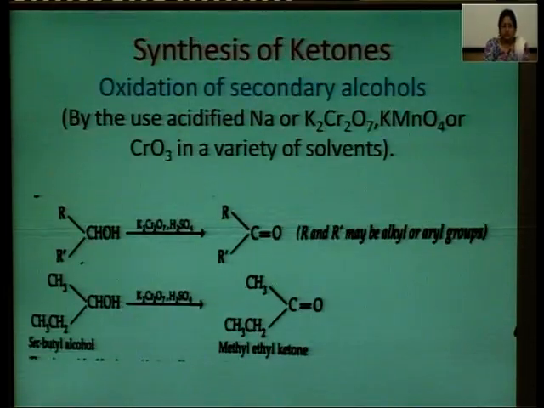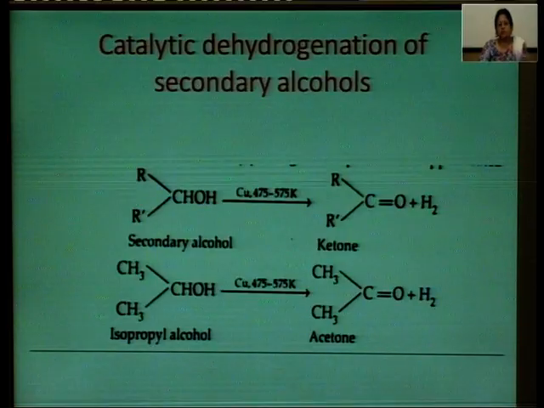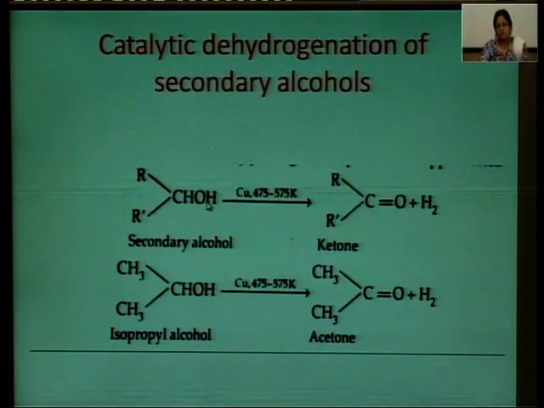The next method for synthesizing the ketones is the catalytic dehydrogenation of secondary alcohols. Firstly, we have discussed the oxidation of secondary alcohols. Next is the catalytic dehydrogenation of secondary alcohols, that is removal of hydrogen in the presence of a catalyst. So, secondary alcohols when treated with a catalyst or when passed through a hot copper tube at a temperature of 475 to 575 Kelvin, they lose a molecule of hydrogen, and this alcoholic moiety is dehydrogenated to the ketonic moiety.